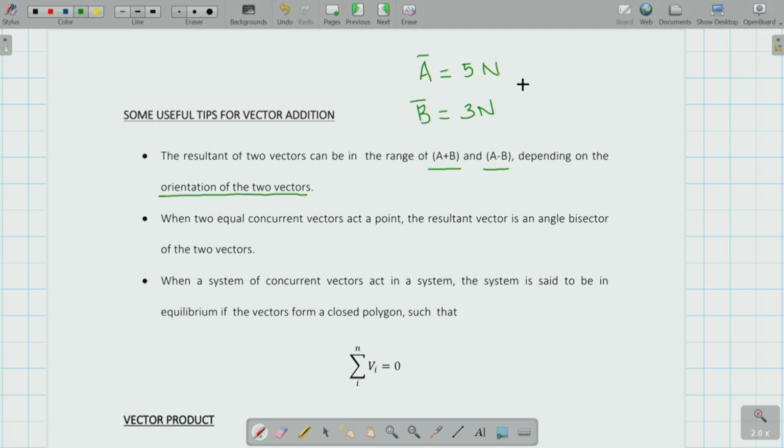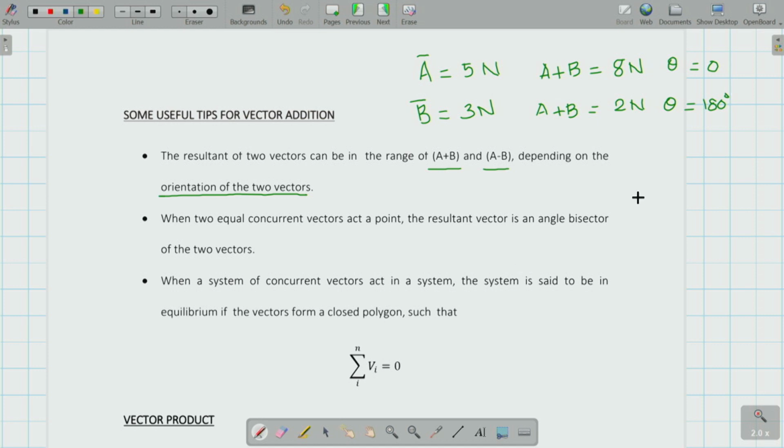We will use the same example. A plus B can be 8 units if theta is 0, and A plus B would be 2 units if theta is 180 degrees.